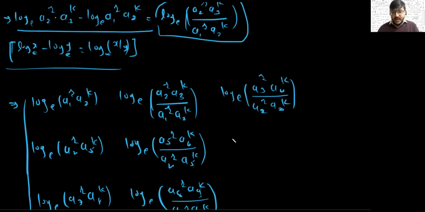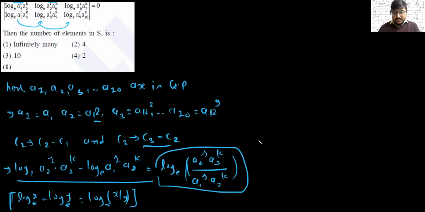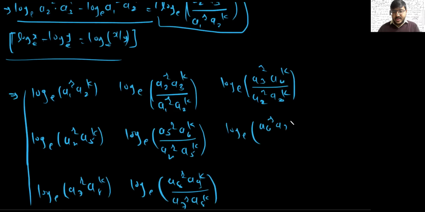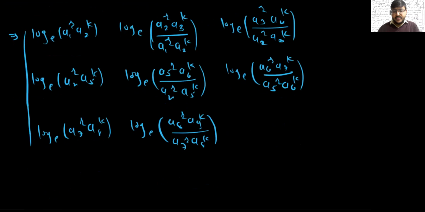The same way here, it will be A6 raised to r, A7 raised to k upon A5 raised to r, A6 raised to k. The last will be A9 raised to r, A10 raised to k divided by A8 raised to r and A9 raised to k.